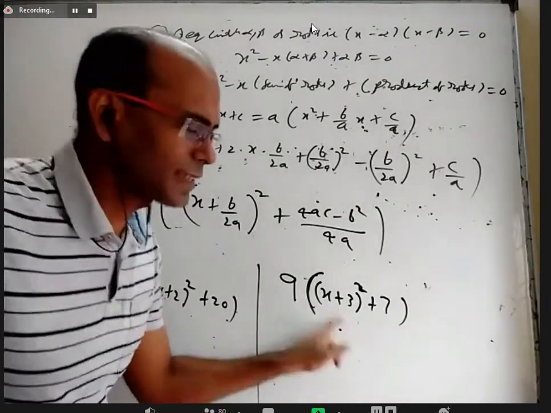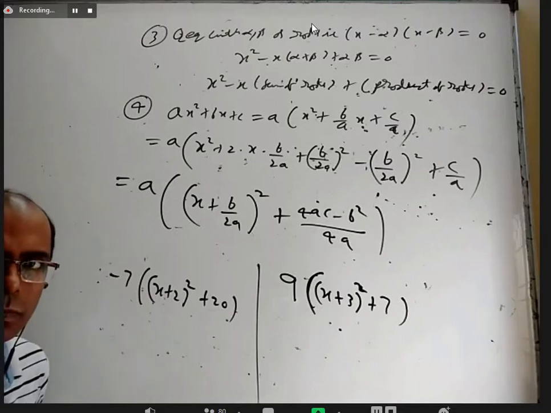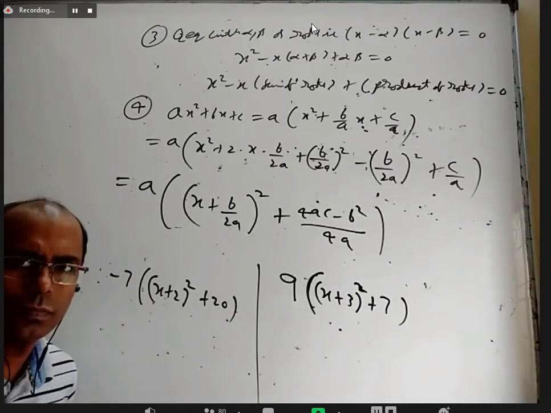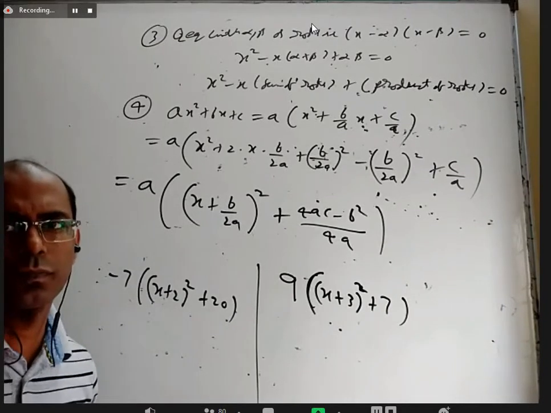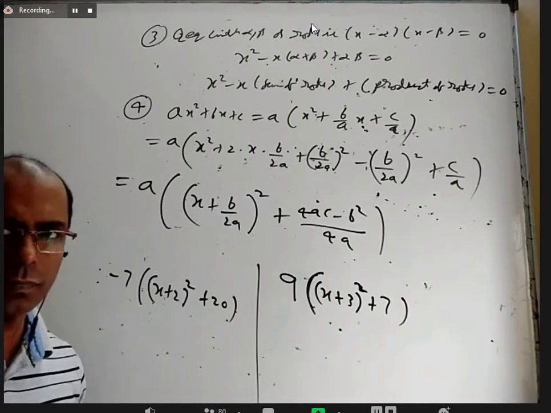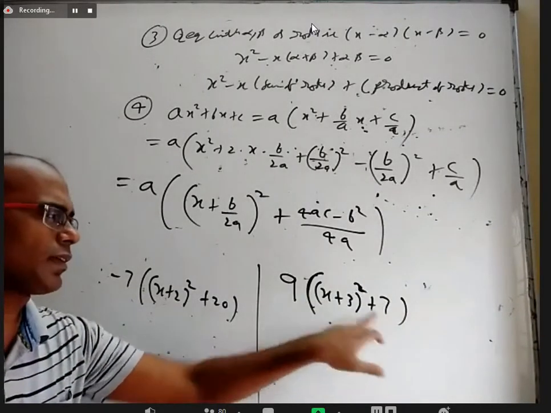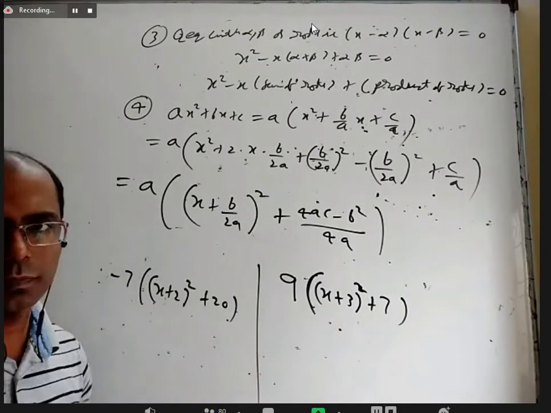If you look at this right side expression, what is the minimum value of this expression? 63, sir. 63. Something whole square, minimum is 0. 0 plus 7 is 7. 7 into 9, 63. What is the maximum value of this?